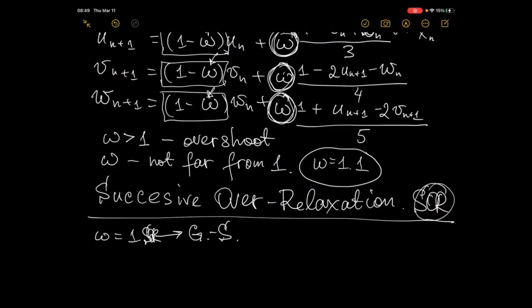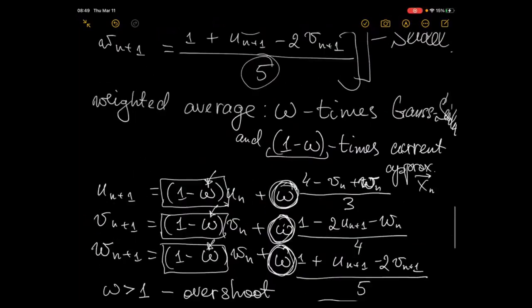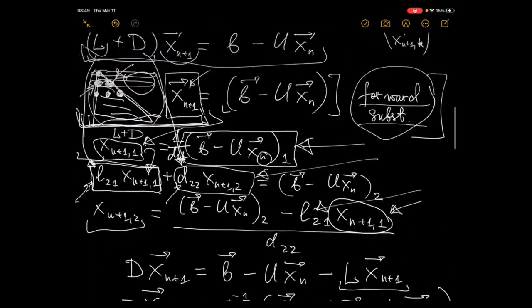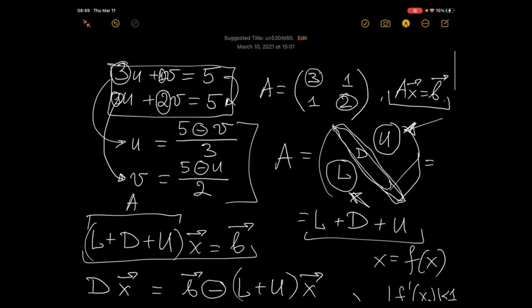Okay. So what I wanted to tell you, you remember on the last lecture we considered the case when we just exchanged these equations and tried to apply the Jacobi method, right? And it was divergent. So you can play a little bit with your matrix to get strict diagonal dominance.